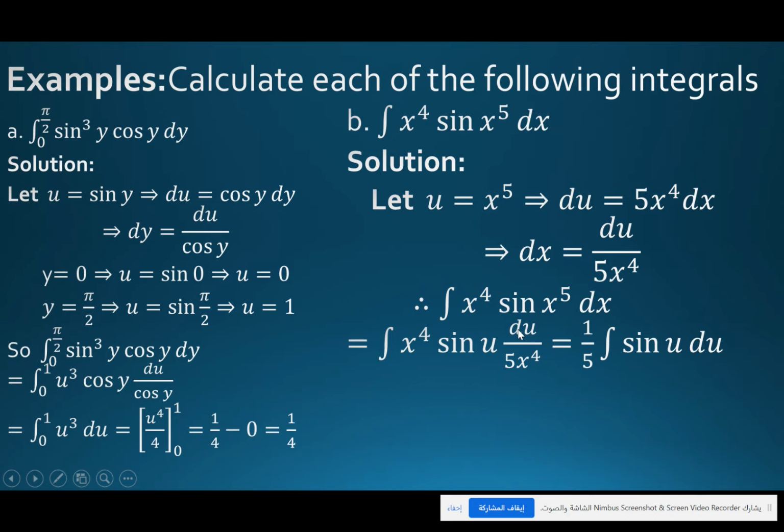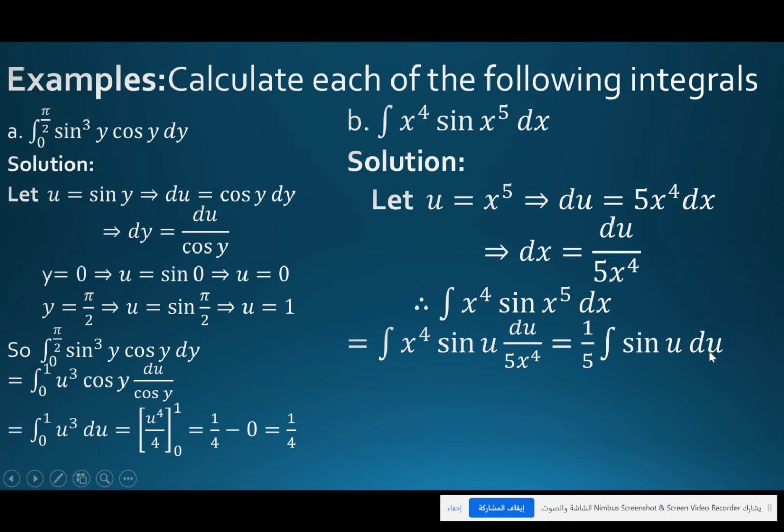Now the dx changed to du over 5x to the power of 4. You can cancel x to the power of 4 with x to the power of 4, take the 5 from the denominator outside as a constant, and integrate sine u du.